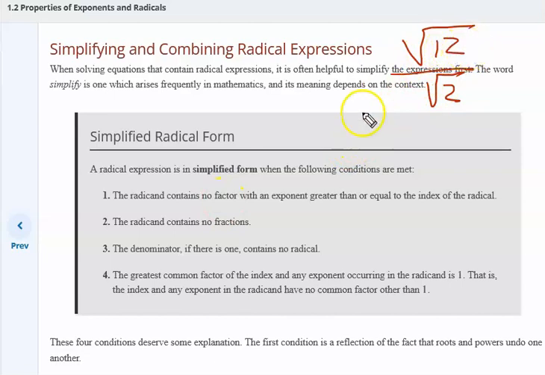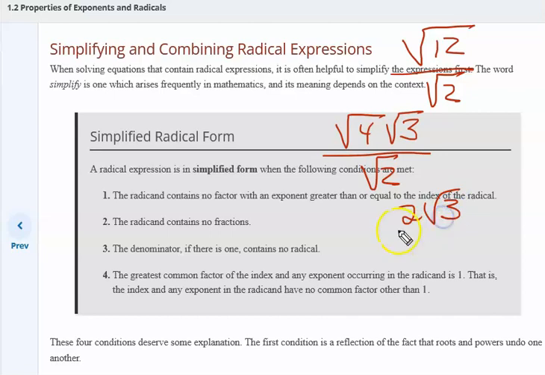So we would tease this top apart into the square root of 4, which is a perfect square, and the square root of 3. And this would be over the square root of 2. Now, when we simplified this, this would be then 2 square root of 3 over the square root of 2.